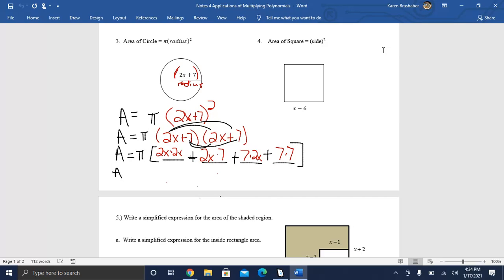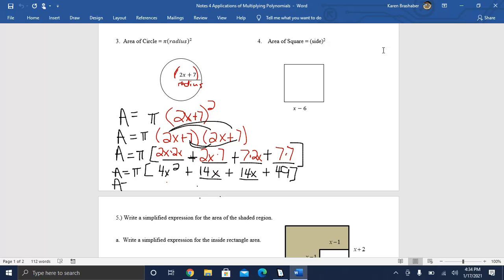And area would equal pi times, all right, as we do that first multiplication, we get 4x to the second. Then we'll take 2x times 7, that would be 14x. And then we have 7 times 2x, that also is 14x. Both are positive. Plus, and then 7 times 7, which is 49. We have like terms that need to be combined. We will add those together.